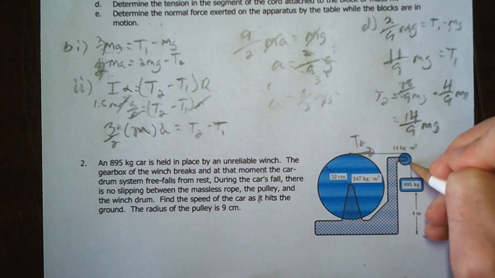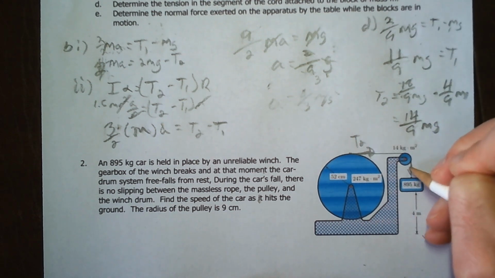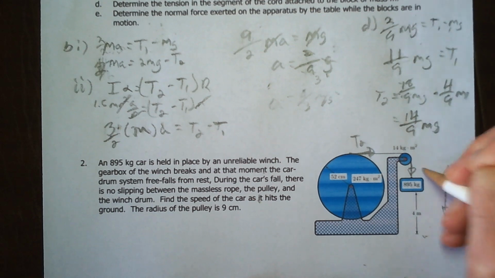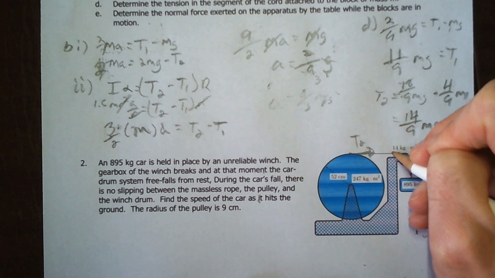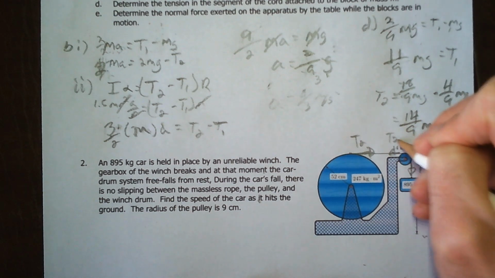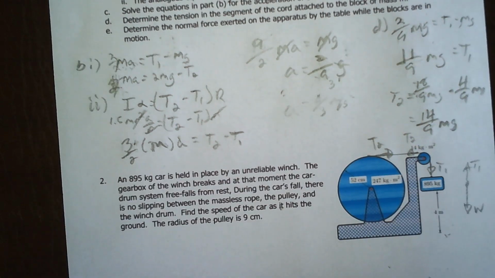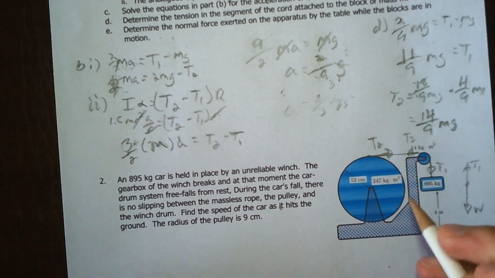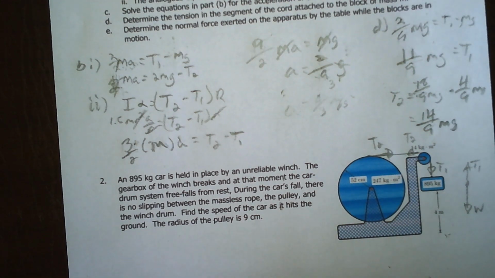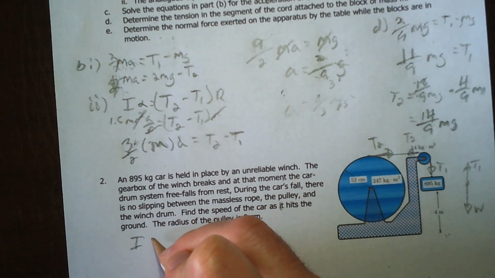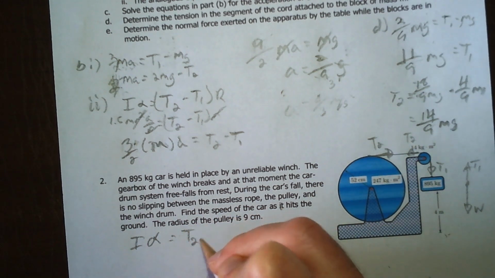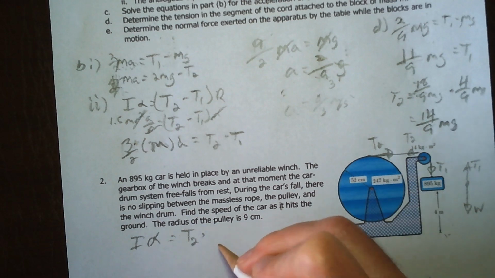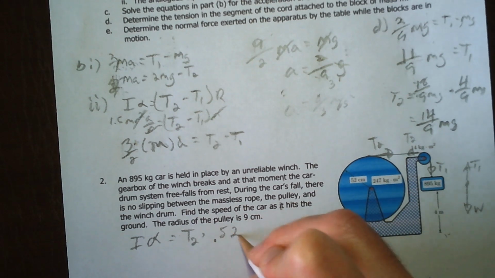And then on this object here, there's two tensions. There's a tension 1 that's the same length as this one that's longer than tension 2. And there's a tension 2 this way. Okay, I think for the big object here, I'm going to say that I alpha is equal to tension 2 times the radius of 0.52.